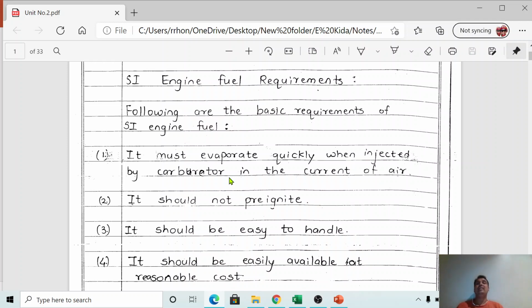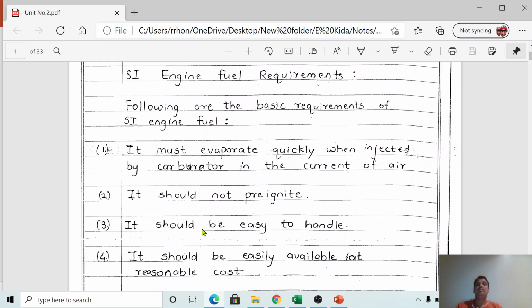Similarly, the third requirement of SI engine fuel is that it should be easy to handle. Yes, definitely. If you take an example, suppose you are living in Mumbai right now, and the petrol is coming from Chennai. Transportation is very easy through railways and road transportation.